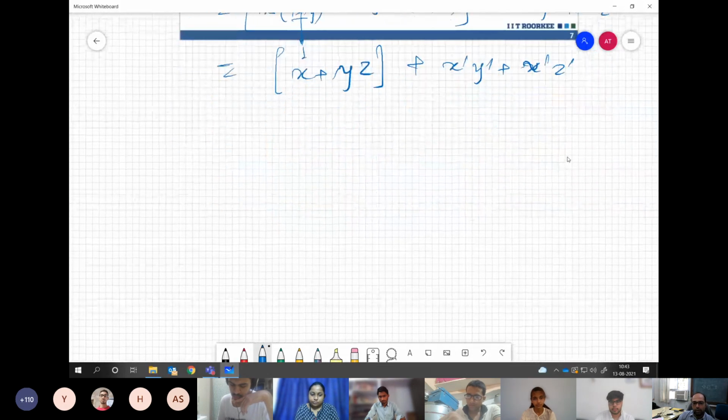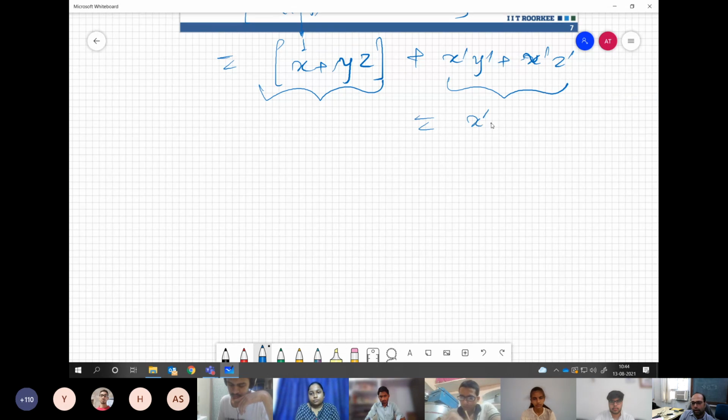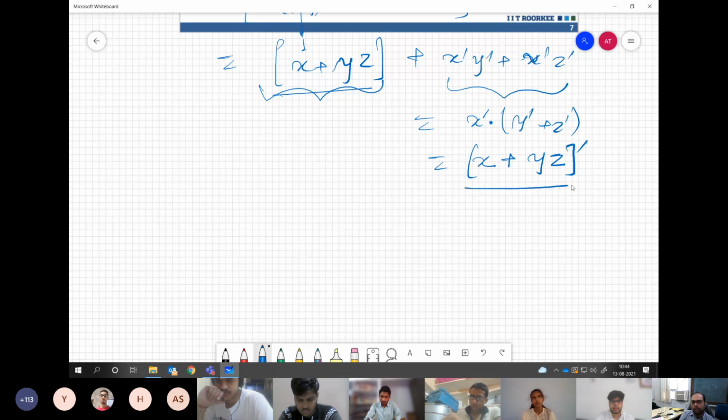Now, if you just see a little closely, these two are actually dual of each other. Isn't it? If you take x common from this, this is x prime into y prime plus z prime. Or you can also write it as x plus y into z whole prime. Now these two terms are exactly complement of each other, isn't it?